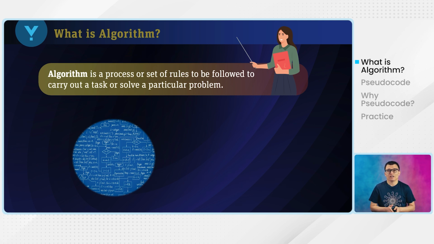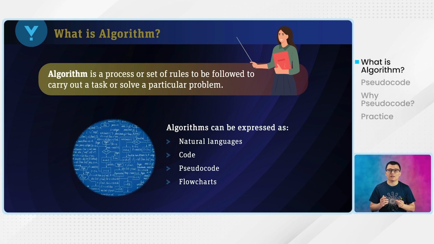An algorithm can be expressed in various ways. Some of the common ways to express an algorithm are natural language, for example English, as step-by-step descriptions of the procedures that are involved. Second one is code.